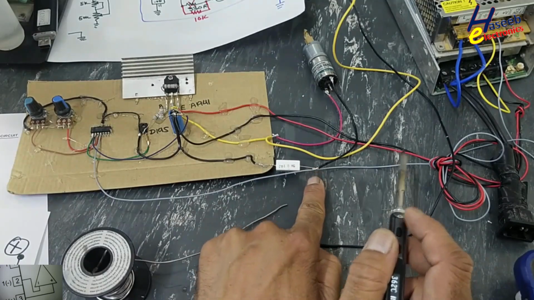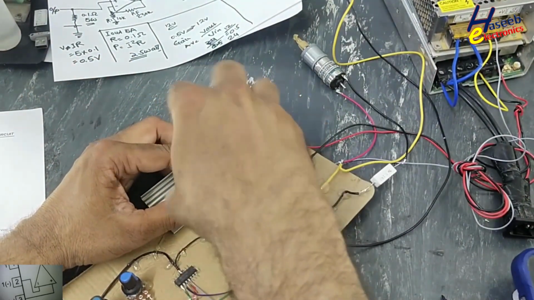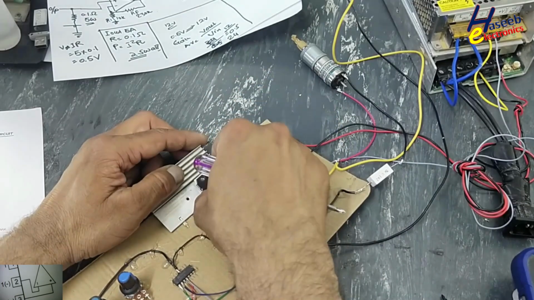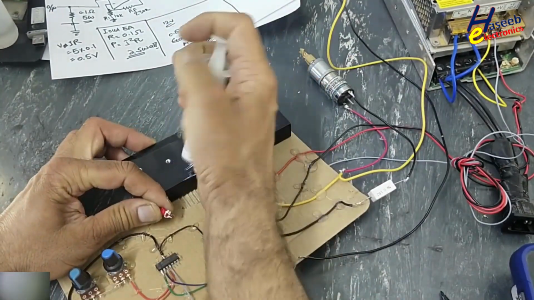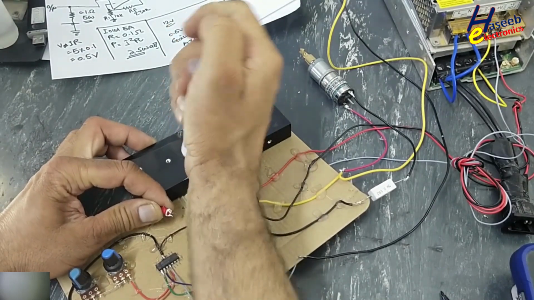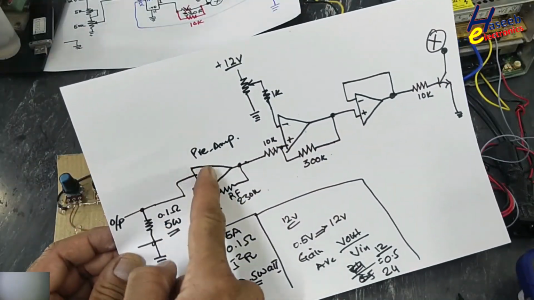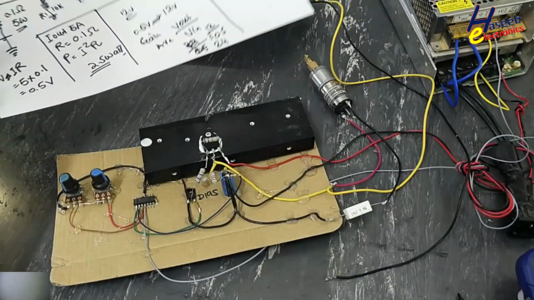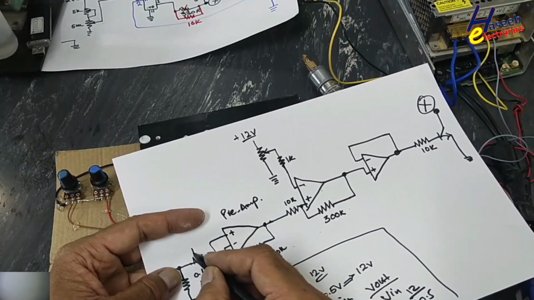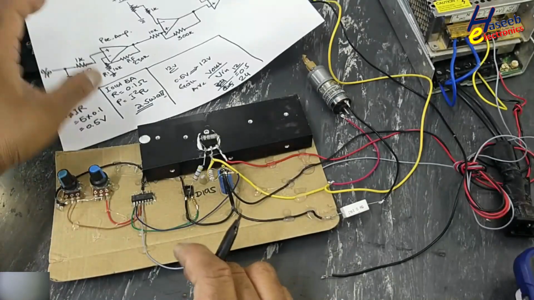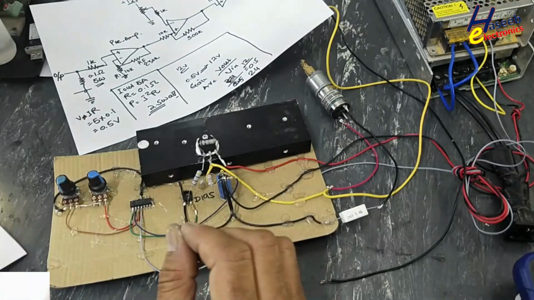Now this is the output terminal. Now I will increase the heatsink size. The resistor's this end will reach the preamplifier. To make it more stable, we will add a 1K resistor here. So we will inject this signal to pin number 5.